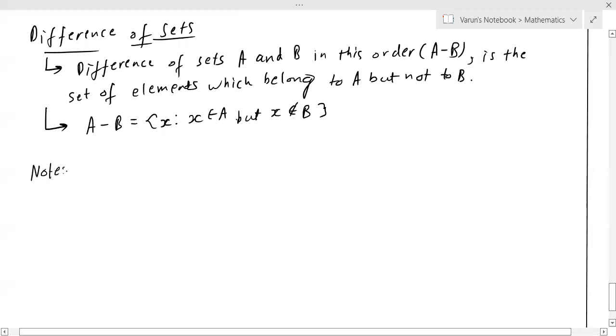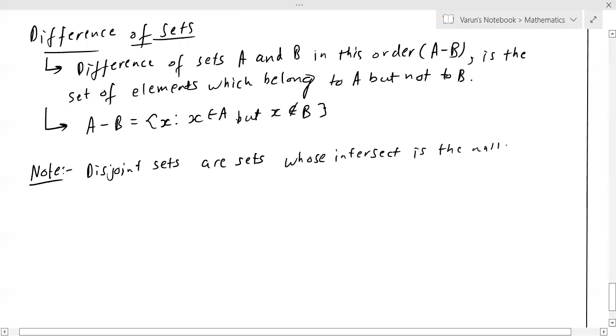Note here that disjoint sets are sets whose intersection is the null set. That is, they do not intersect. So another thing to note here is that A minus B, A intersection B, and B minus A are mutually disjoint sets.